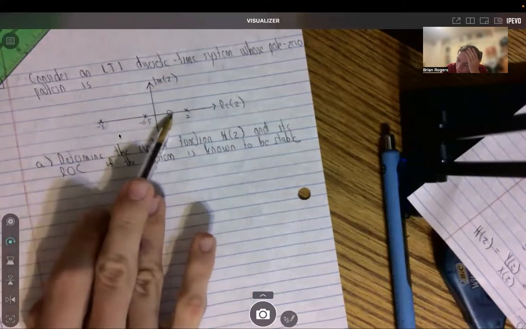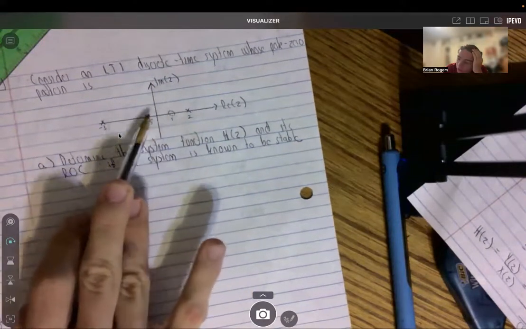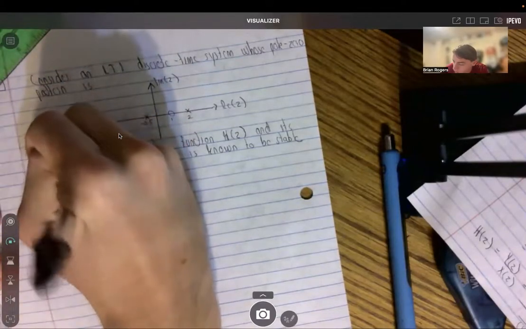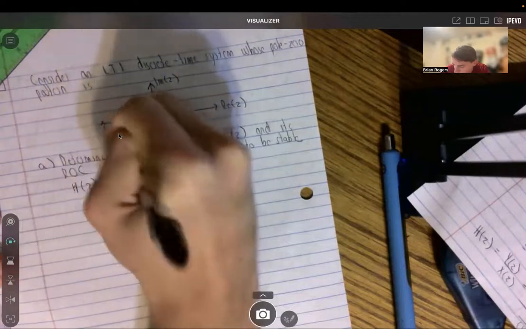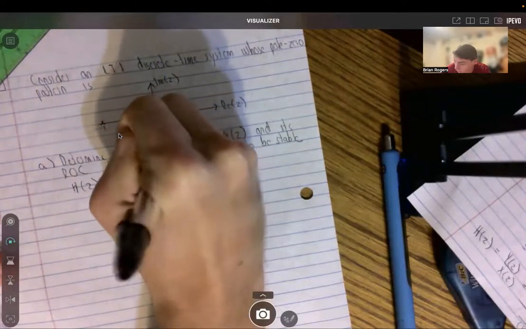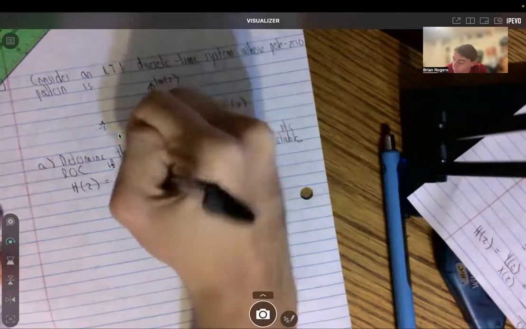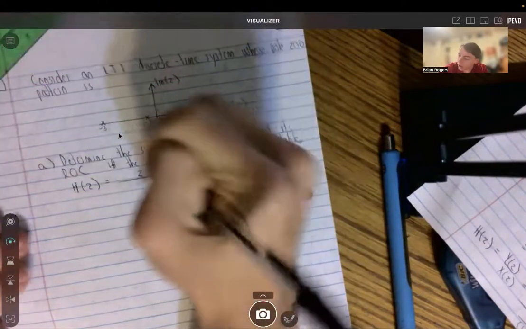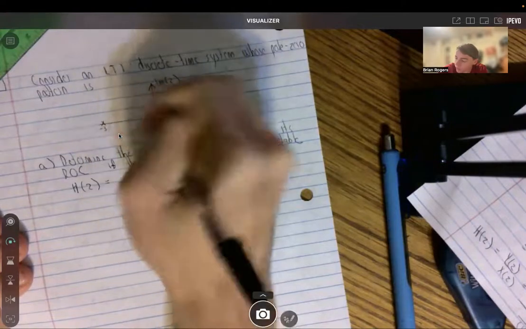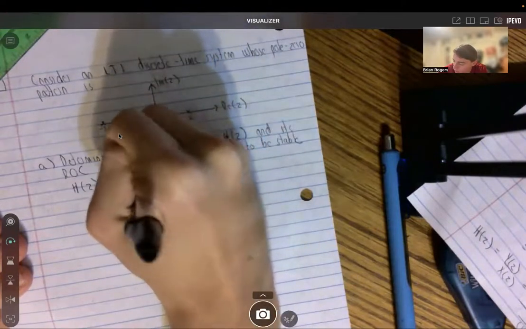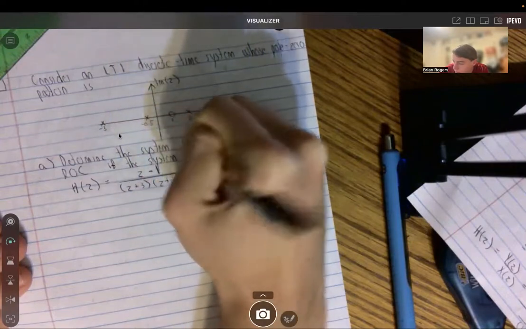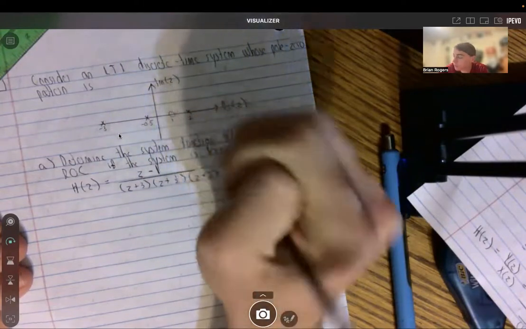So remember, our zeros are in the numerator and our poles are in the denominator. So when we write our H of z, it's going to be z minus 1, since that's our zero. And then now we need to write our poles in the denominator. Looking from left to right, it's going to be z plus 3, z plus 1/2, and then z minus 2.